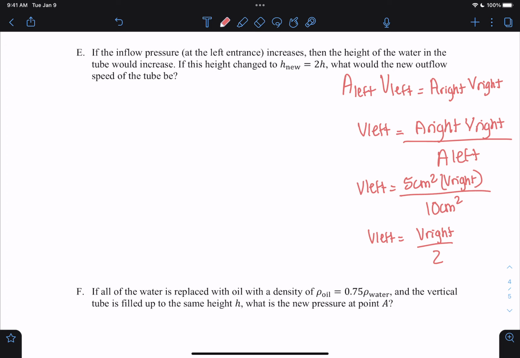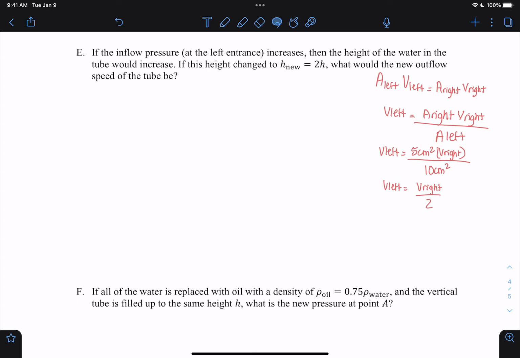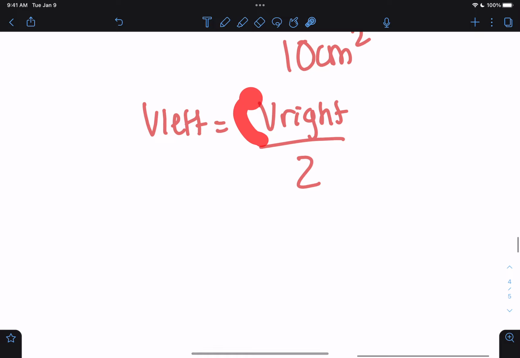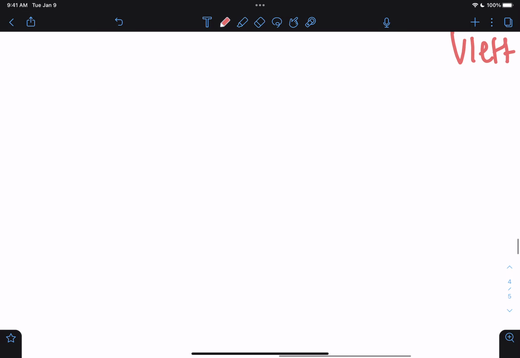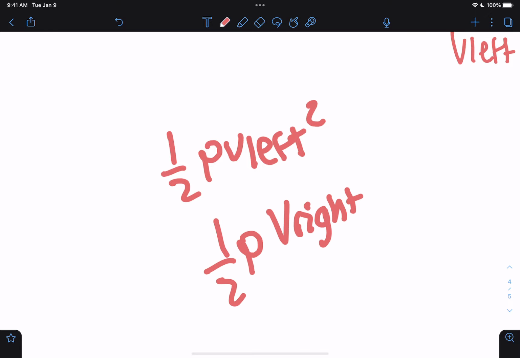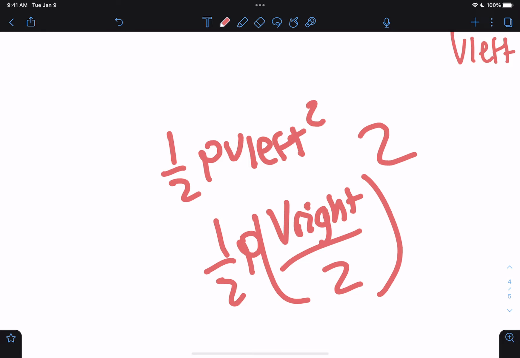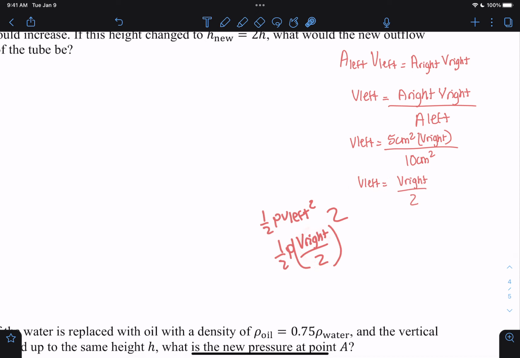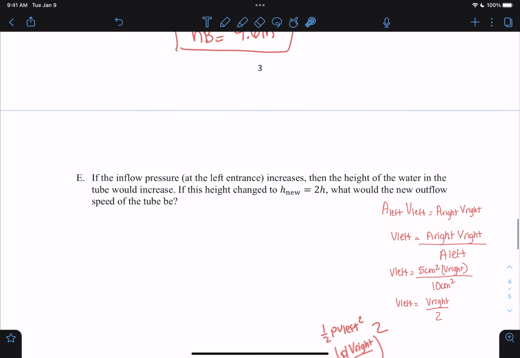And so we're going to write our velocities all with this V right. So instead of saying half rho V left squared, we can say half rho V right divided by 2, squared. This V right divided by 2 is the same thing as saying V left. We do this in order to maintain all of the right variables that we're looking for, because everything else will have a value.